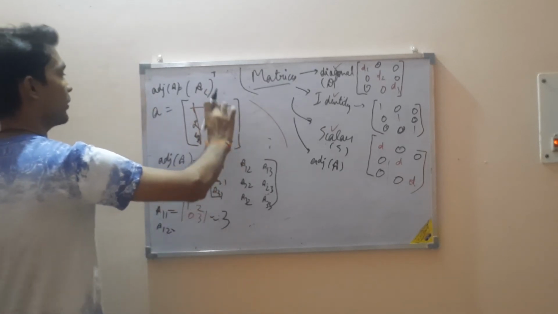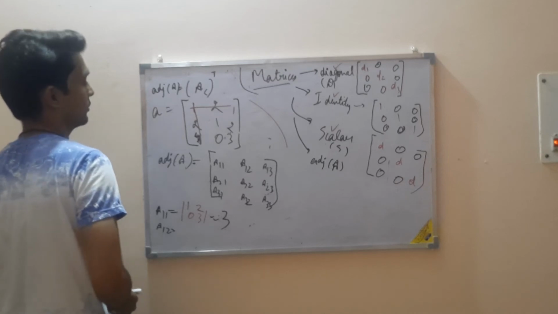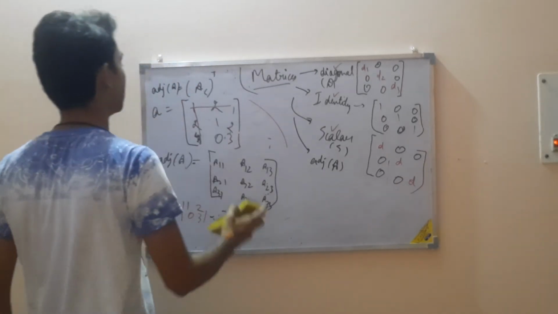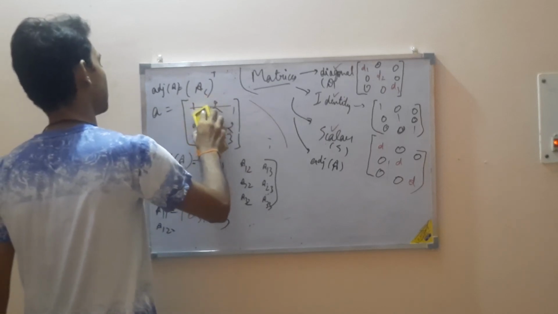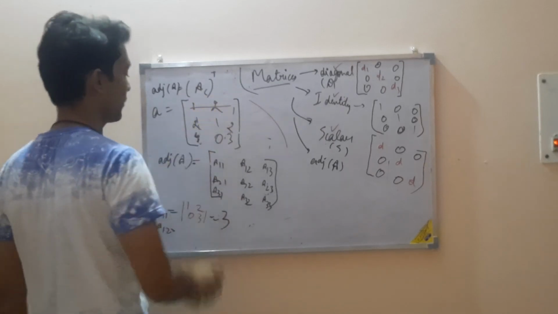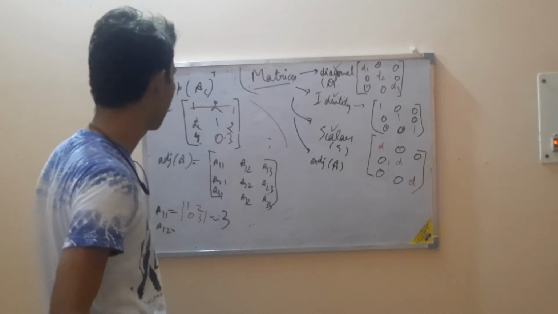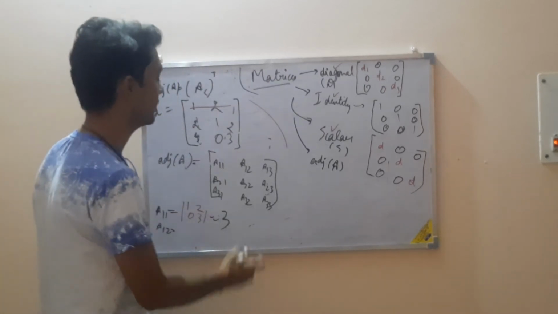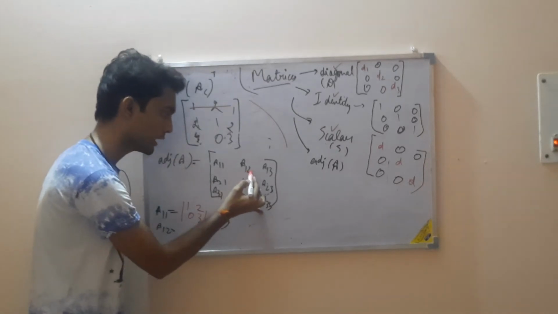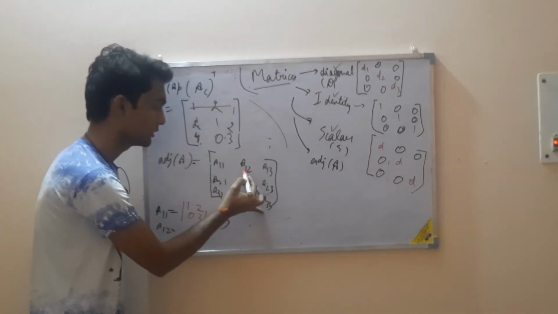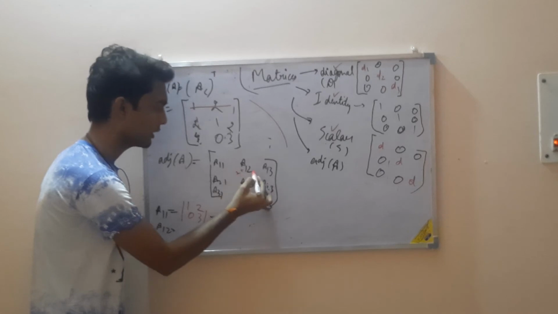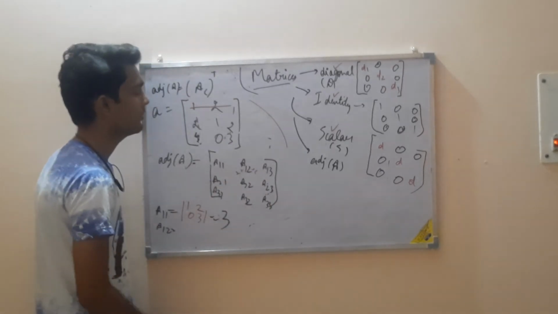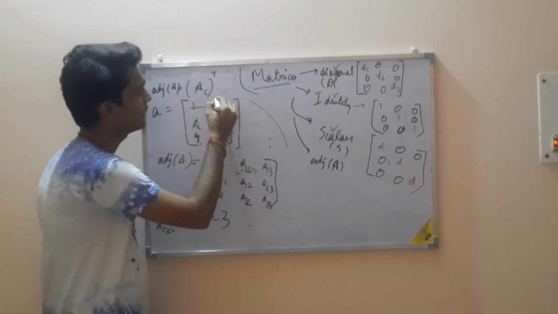Now coming to A12, see, row is 1 and column is 2. Now we will delete the first row, second column.